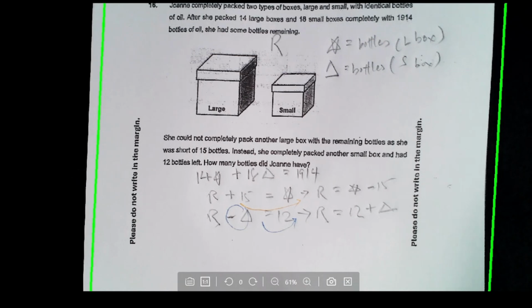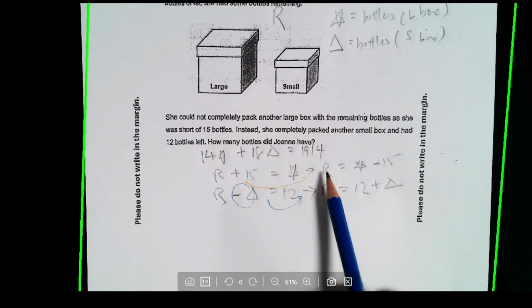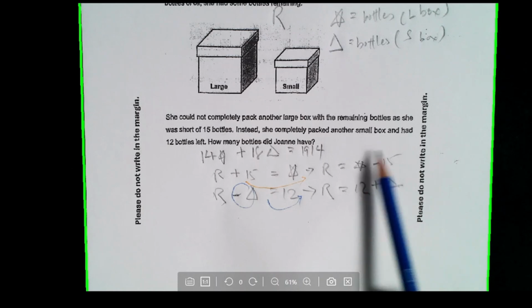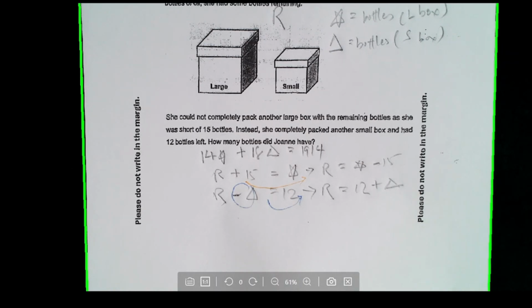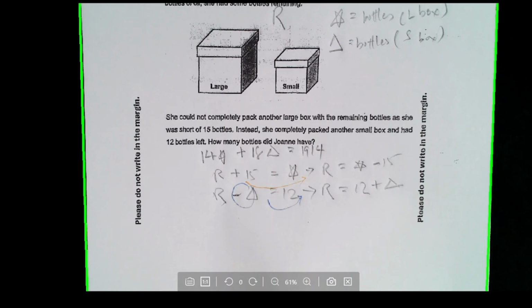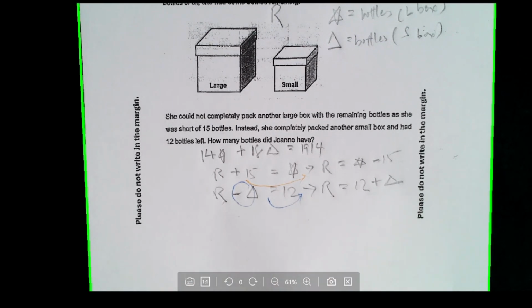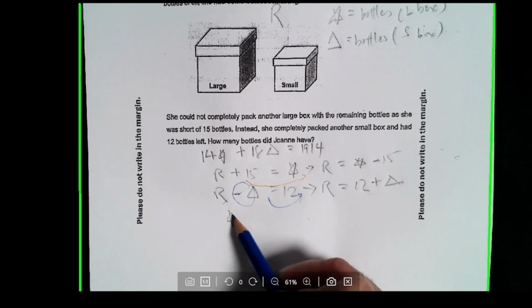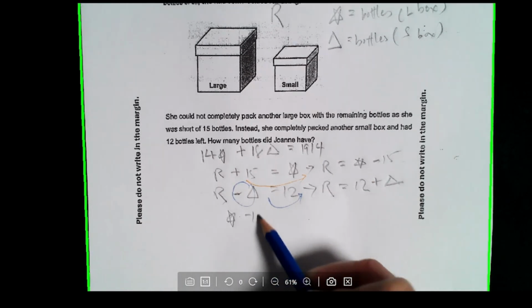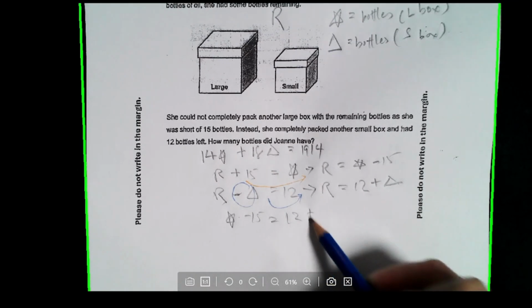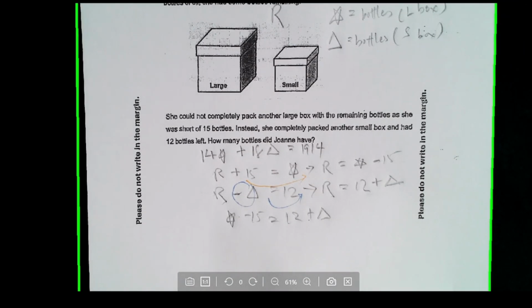So, if R equals to this, R equals to this, can I say this equals to this? I can. So I just get rid of the R. So I just write, star minus 15 is equals to 12 plus triangle.